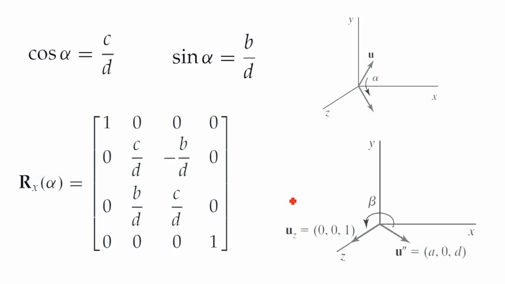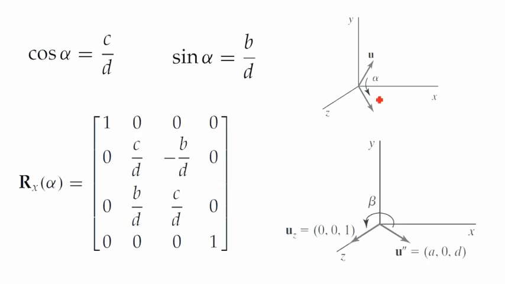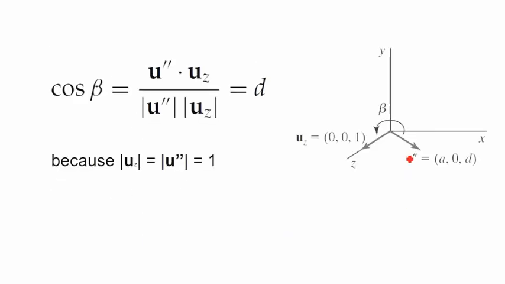Since u is just rotated, not a projection, its magnitude did not change, so u double dash mod will be 1 and uz magnitude is also 1, so the denominator will be 1.